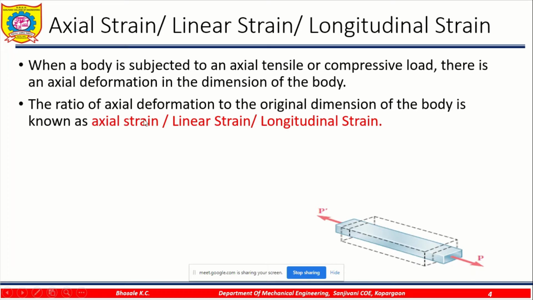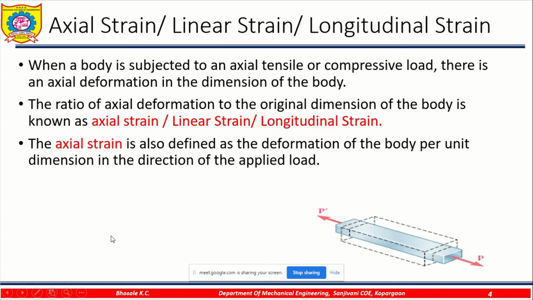In this case, the length will increase, so we can find the delta L. Axial deformation will be delta L to the original dimension. Original dimension is length. So delta L upon L will give us the axial strain or linear strain or longitudinal strain. So the axial strain is also defined as the deformation of the body per unit dimension in the direction of the applied load.